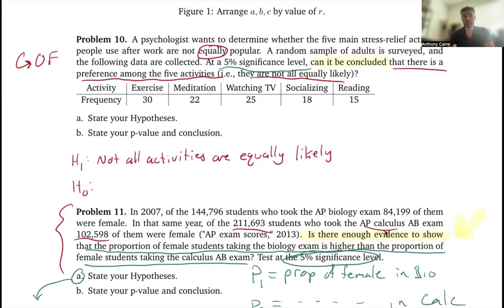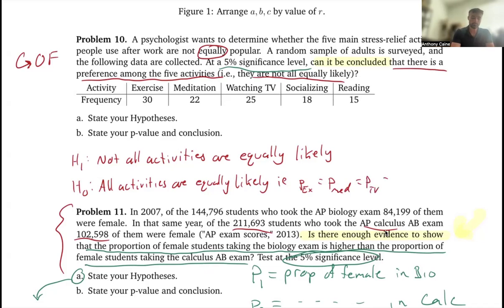The null hypothesis, the thing that's going to go in the background, is that all activities are equally likely. I.e., the probability you're going to exercise is the same as the probability you're going to meditate, is the same as the probability you're going to watch TV, and so on and so on.